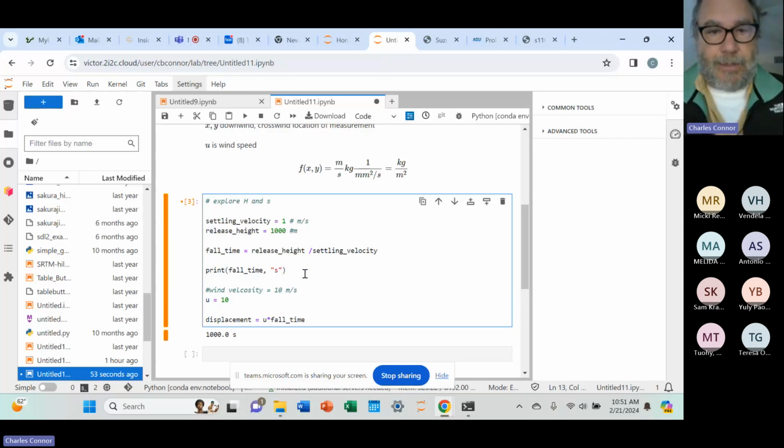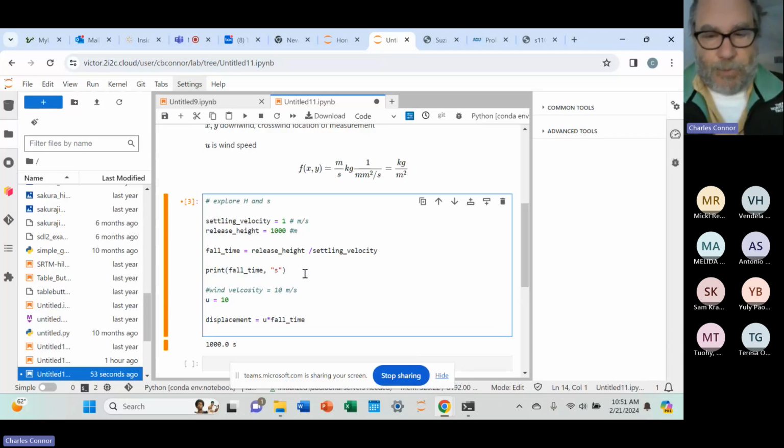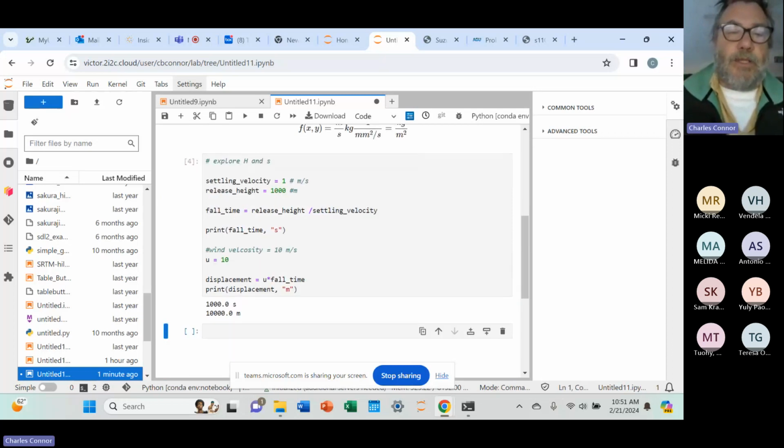Totally makes sense, I think. And then print displacement. And the units of displacement should be in meters if I'm living right. Okay, and so that particle's displaced 10 kilometers downrange, right?